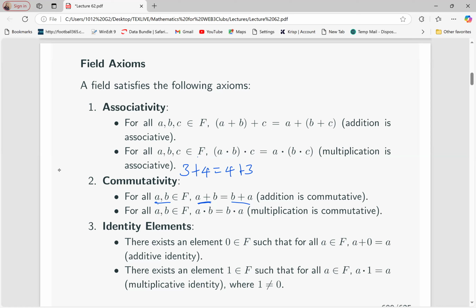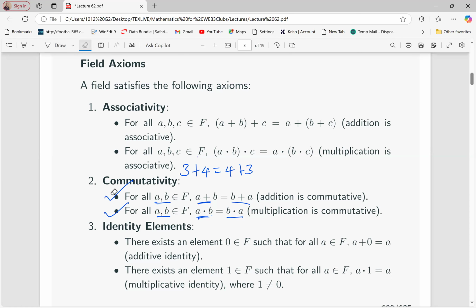It's not always the case. But if it happens to be true, then we say that F is commutative under addition. What about multiplication? You pick any two elements A and B, and their product A times B should be the same as B times A. Then we say that F is commutative under multiplication. So F must be commutative both under addition and multiplication.